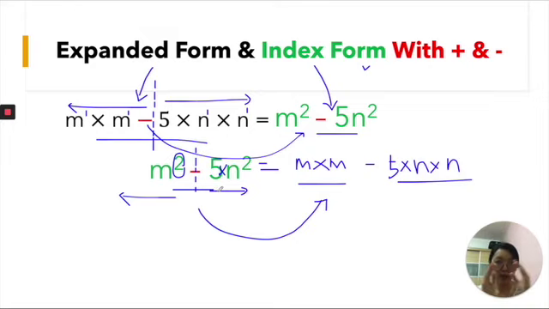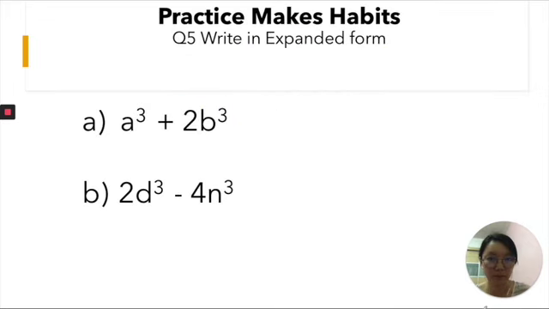Expand, index, and we change from index to expand again. Practice makes habit. Question number 5, write in expanded form. So I have this. What is this form? There is no times. Times is hidden there. So this is what we call index form. And I'm going to write in expanded form. That means I'm going to expand it, put in all the times. So copy the question and put equal.